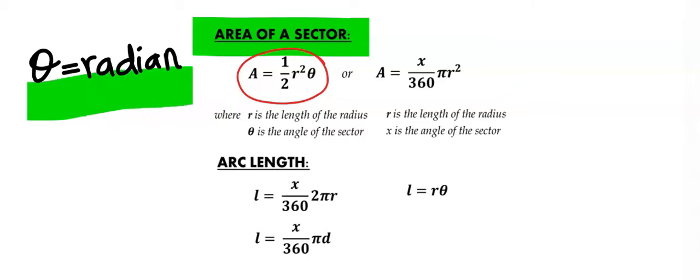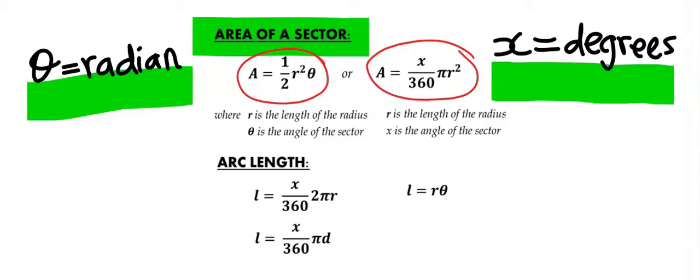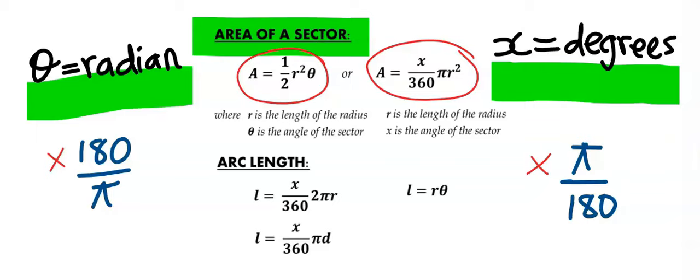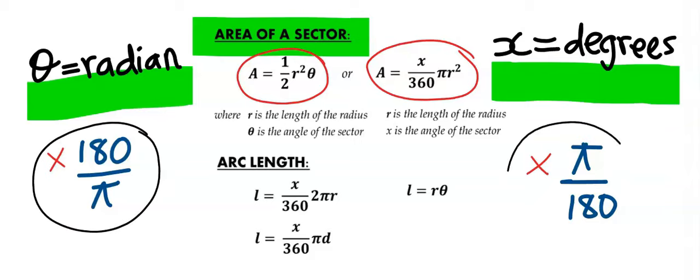Another way of calculating the area of a sector is by using x divided by 360 degrees multiplied by pi multiplied by r squared. Here, x is an angle in degrees. In both cases, both formulas will give you the same answer, as long as you know how to convert radian to degrees and degrees to radian.